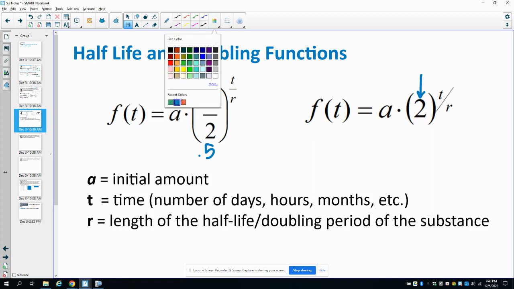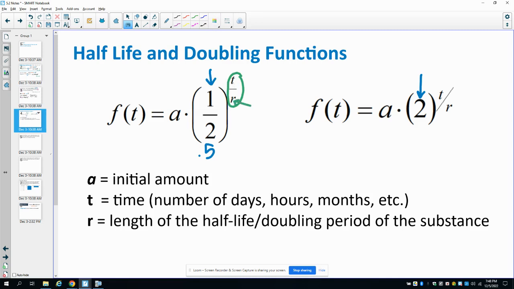Then we have to account for the half-life. It's not going to be every 1 minute or every 1 year or every 1 hour, so you have to account for how often that's going to happen. You take your time divided by the half-life or doubling period. This R is the amount of time it takes to cut in half or to double.